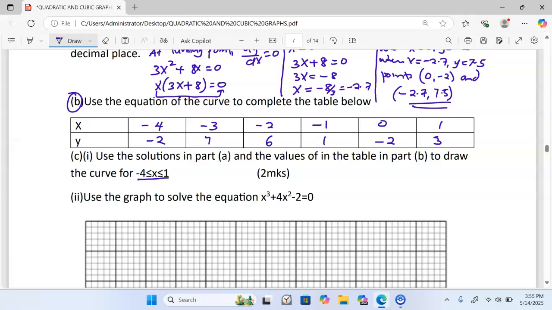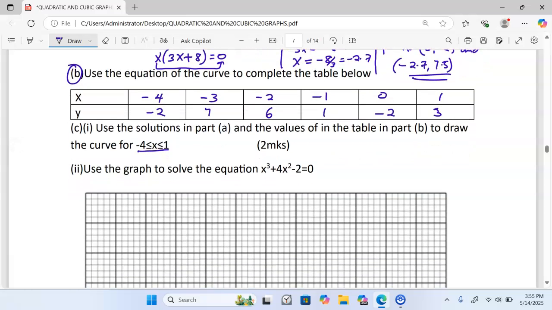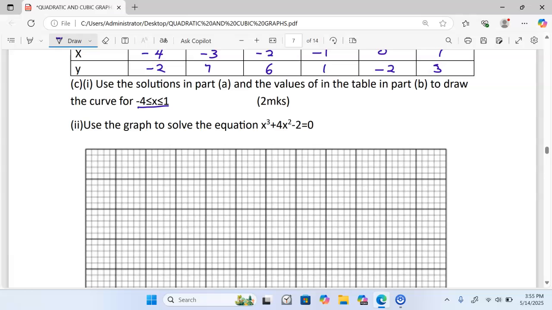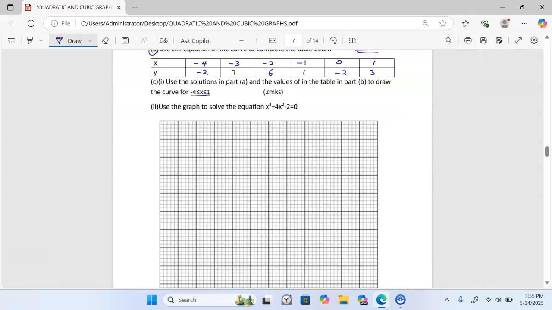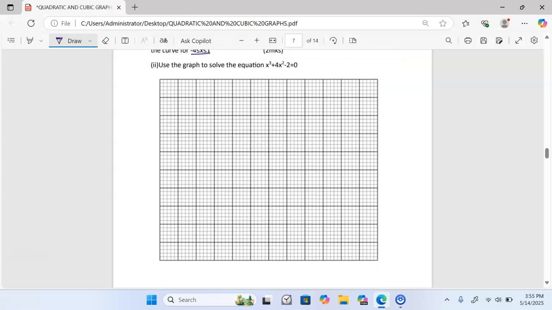Once we have our table filled, we can proceed and use the values of x and y to draw our curve.